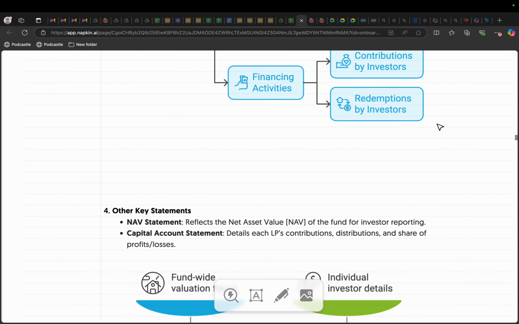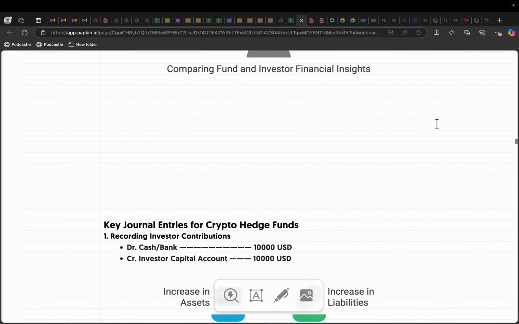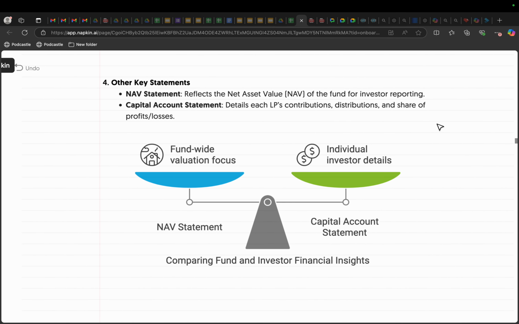All right. Then apart from that, other key statements are also prepared in a fund. It could be, let's say, a NAV statement or a capital account statement, right? If there are investors, it could be individual investors or institutional investors. In that case, we can prepare an individual PCAP statement or individual NAV statement or group NAV statement.